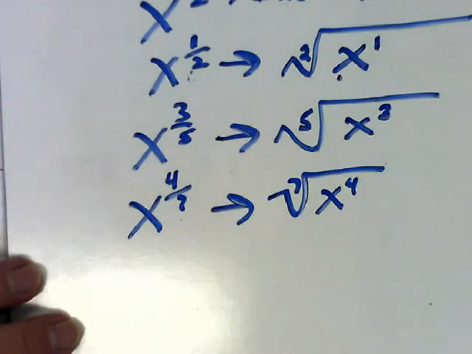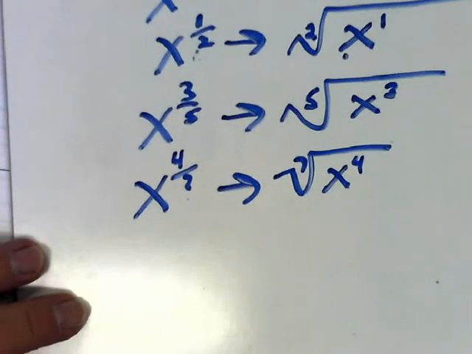So, the x to the 4/7, do you find the square root of that 7 times? No. What is it? It means what number times itself 7 times would give you what x to the 4th is. Okay? Sort of like this.